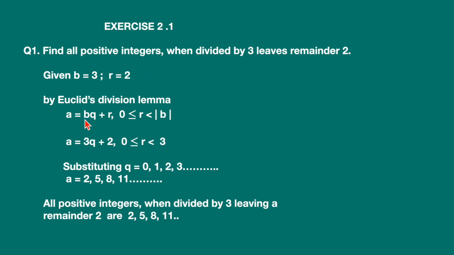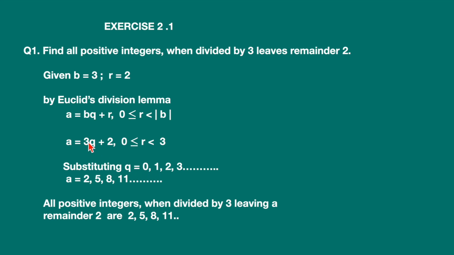Okay, so let's write down the lemma here. a is equal to bq plus r. So a is equal to 3q plus 2, since b is given as 3 and the remainder is also given. Here we are going to put different values of q, that is positive integers for q, and find the corresponding values of a.